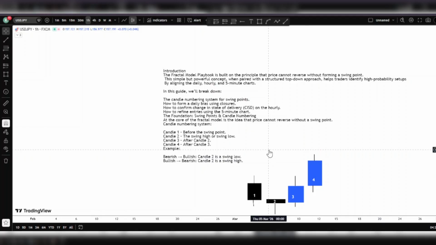So today I want us to look at something small here. This is basically the model that I use to trade, and it is called the fractal model. We are going to look at it step by step, from how we do analysis from the top down to our entry.